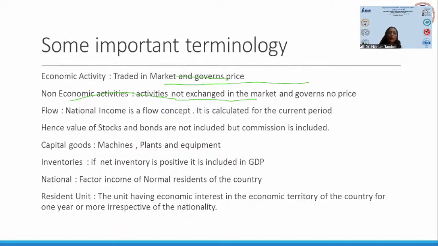So if net inventory is positive, what does it mean? You already had a specific amount of raw material, the demand in the market was less, and that is why you have some inventories left with you, which you can absorb for the next year or the next quarter. That is net inventory being positive, which is added up in GDP because that is not used.